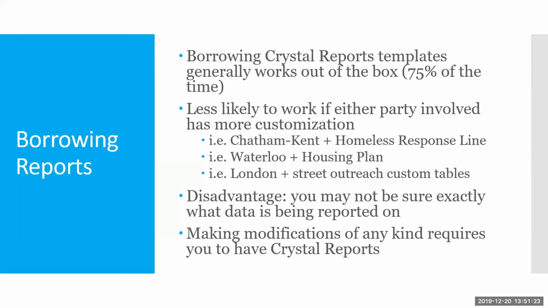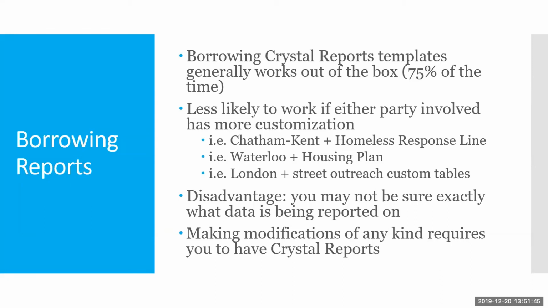Waterloo has a cool housing plan that they're using to help their clients come up with a plan to obtain housing, and that's stored as a custom table. Some of their reports reference the client's housing plan, and it's a custom table, so if you don't have the same custom table on your HIFIS, then the reports wouldn't work.